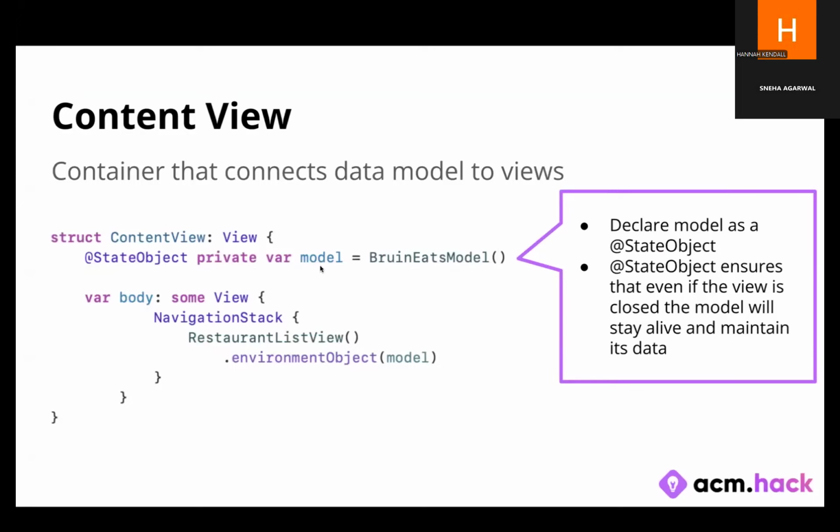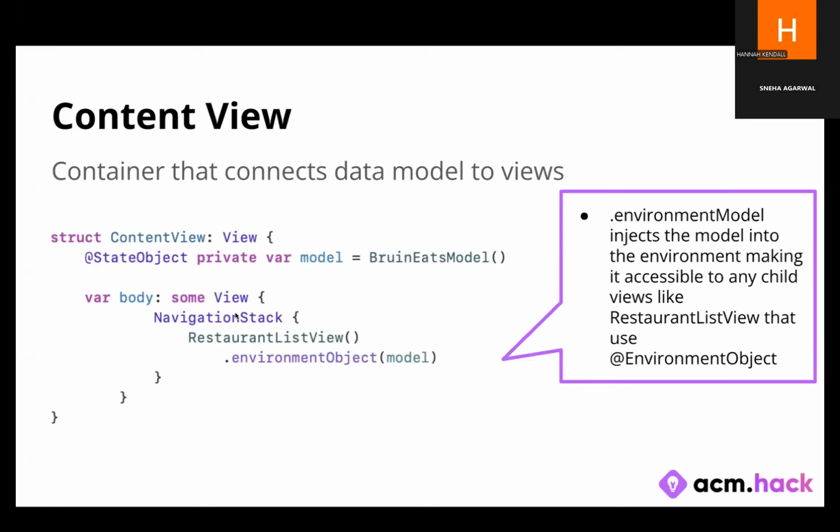So basically first, we're going to declare a model as a state object. Here we're using a state object because this is the place that we're defining our model in, and this is our main model that we're using throughout the entire app. And state object basically just ensures that even if this view is closed, the model will still stay alive and maintain its data.